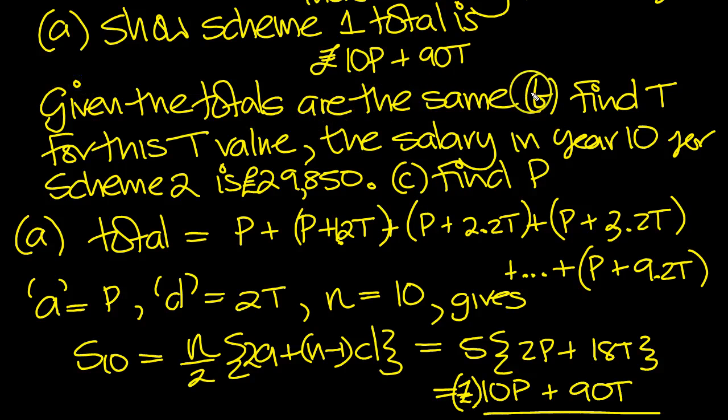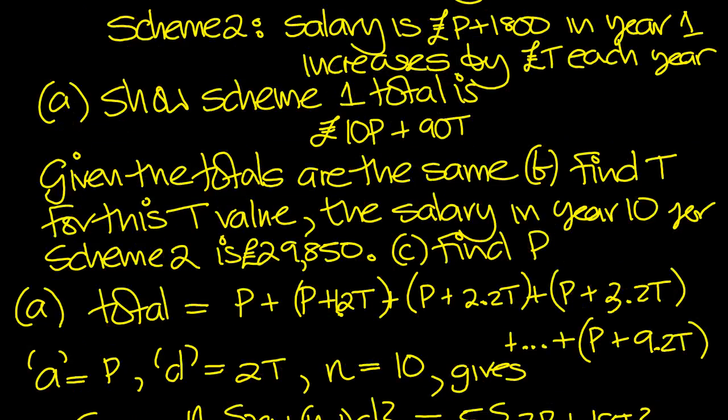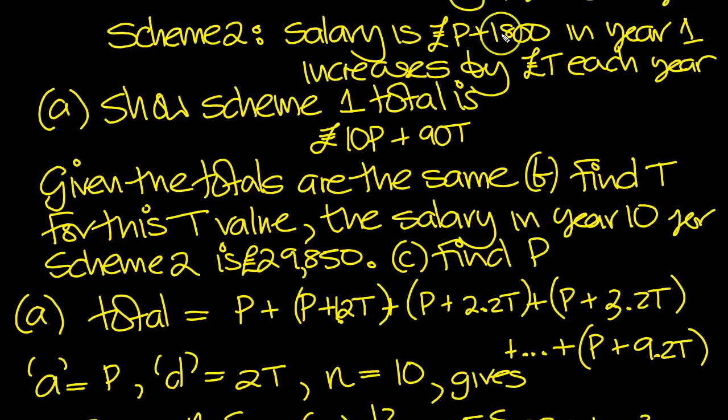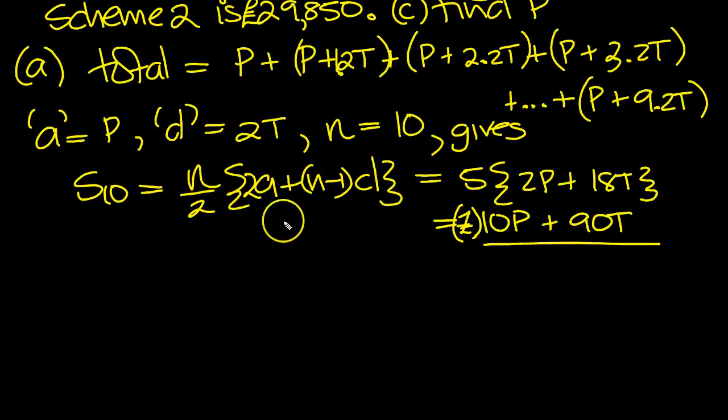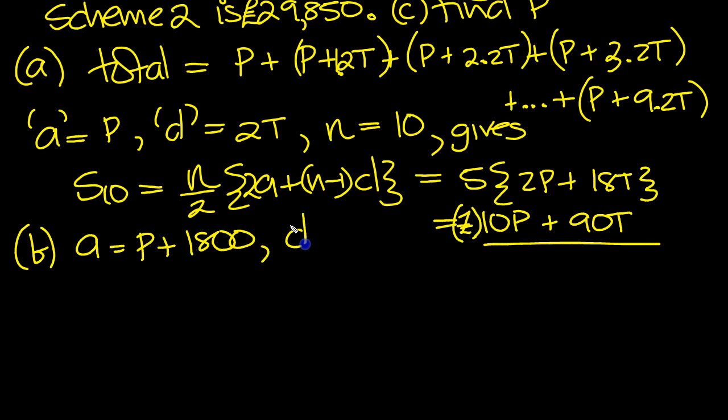Given the totals are the same, find t. So B, find t. The next salary was P plus 1,800, but that only increased by £T. So for part B, the first term was P plus 1,800, but the common difference in the next one is just t, and n is equal to 10.